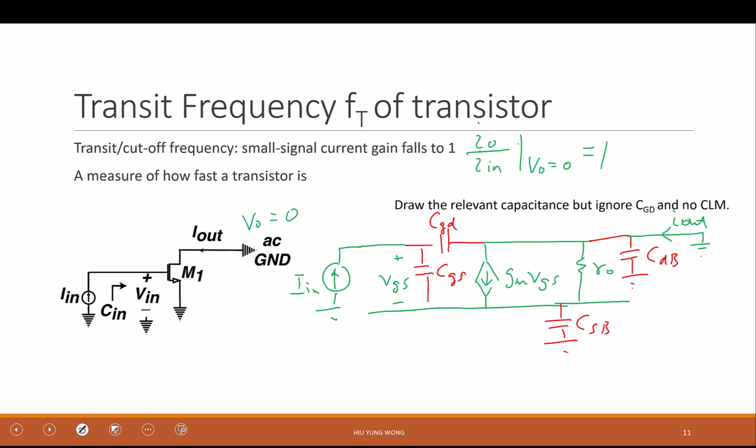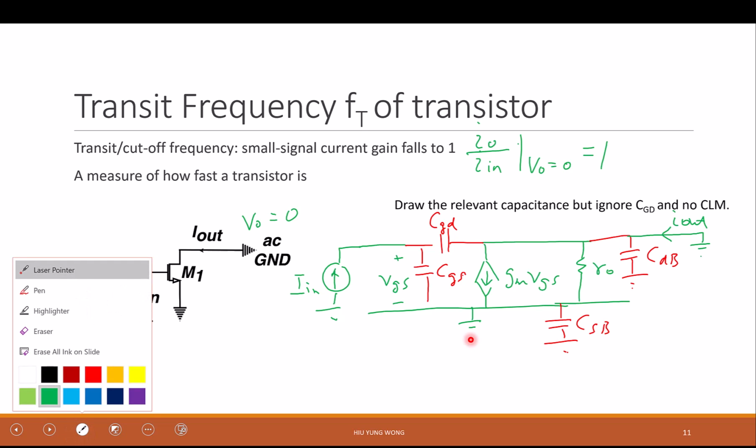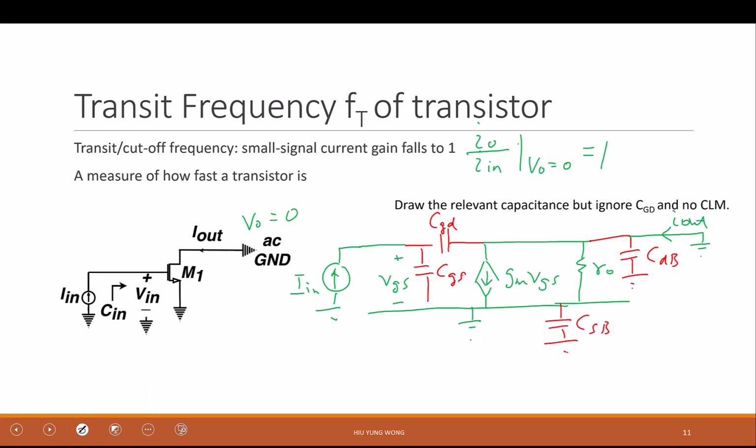If you look at the configuration, the source is also grounded, right? Because of this, what can we simplify? Because the source is grounded? Yes. CSB is gone because you have ground at both terminals. And here I say ignore channel length modulation, so this one is gone. How about CDB?